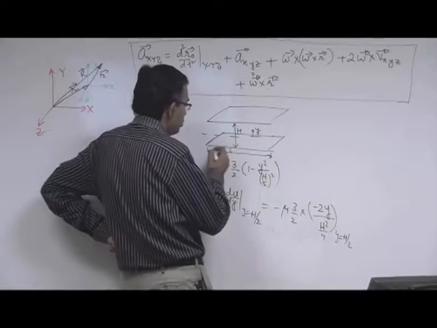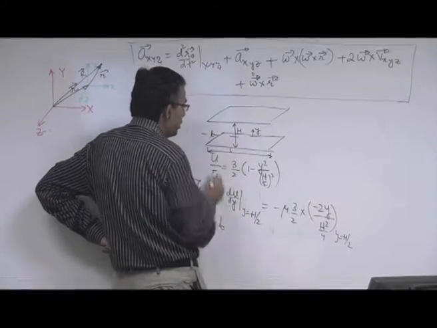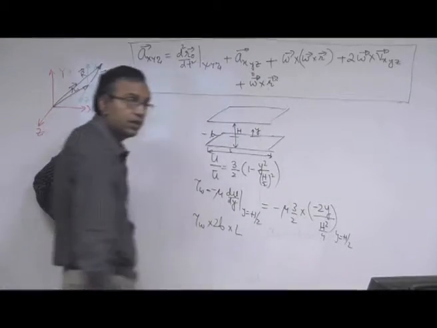Tau wall into B, if B is the width, into L. If you consider the two plates, tau wall into 2B into L.